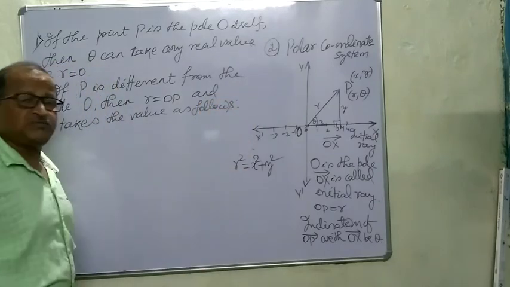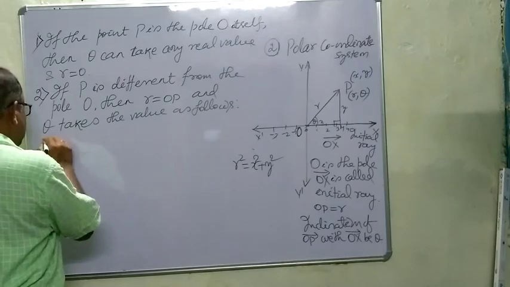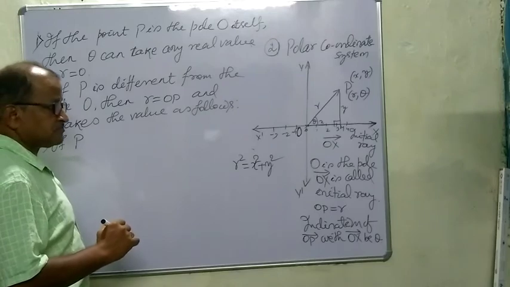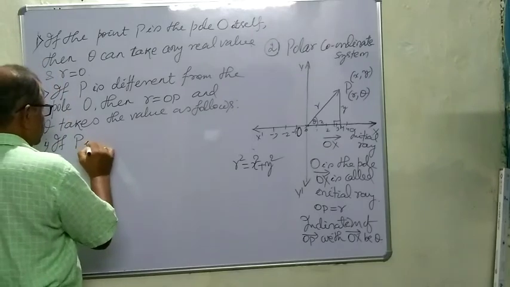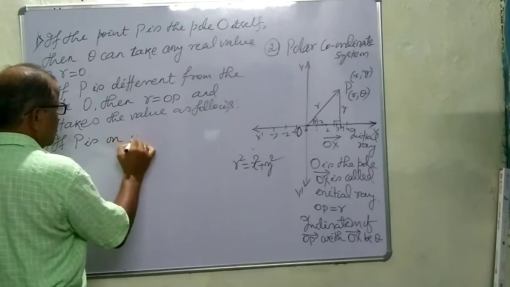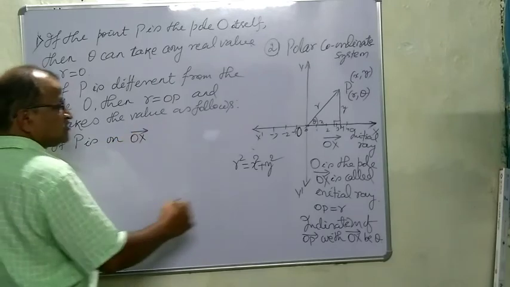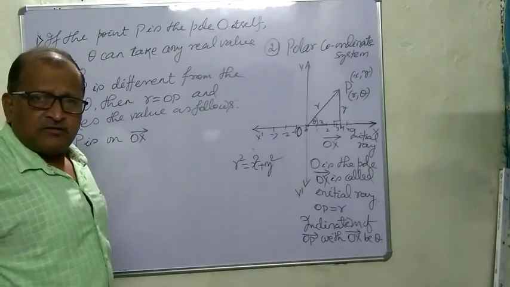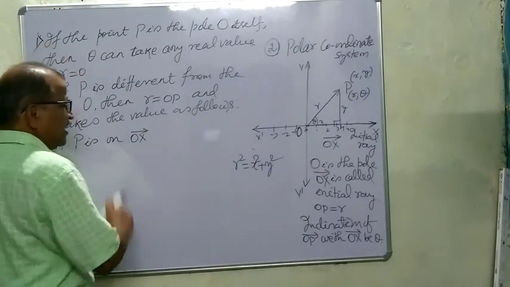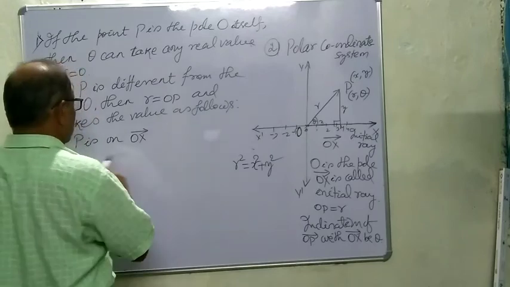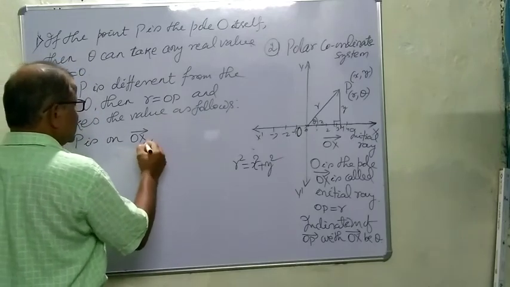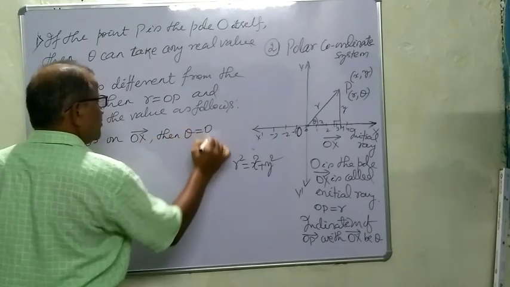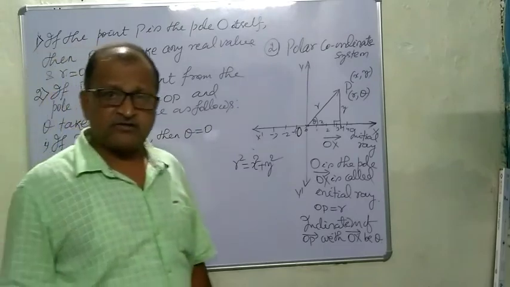Case 1, if P is on OX, suppose here or here, like this. P is somewhere here. Then P is on OX, and theta is 0. Then the value of theta will be taken as 0.